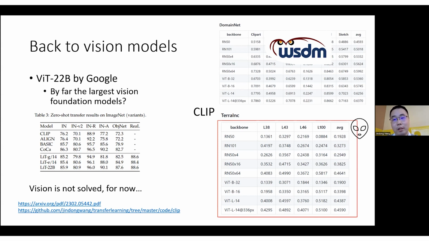So from here we can see the trade-off, or the balance between the algorithm and the training data. A lot of the images, maybe most of the images in training CLIP or training ViT are just taken from natural images, which are not wildlife animal images, so they do not perform well. That's very easy to understand.